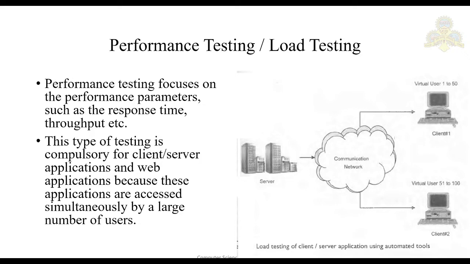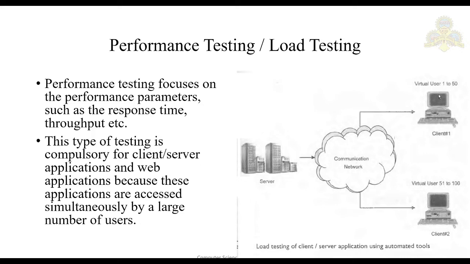So what we can do is use performance testing tools, like LoadRunner. Those come into the picture, wherein you use a single computer and those tools simulate multiple users. Say for example, in this diagram you can see you have only two systems, client 1 and client 2, and each system has 50 users.